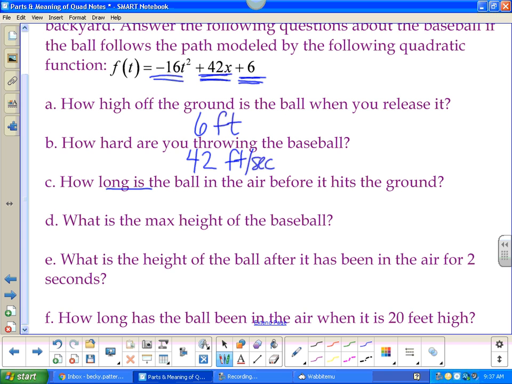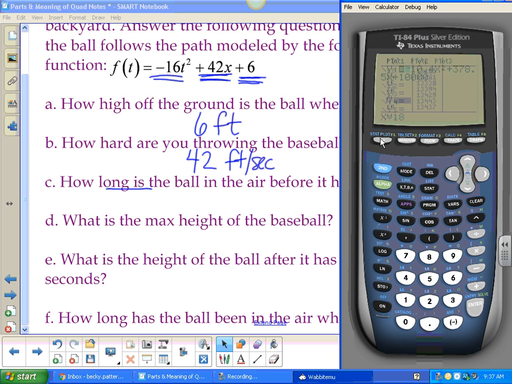How long is the ball in the air before it hits the ground? Okay, so for this, we go to our calculator, and we type this sucker in. And I go to my table, and see, we've already hit the ground by this point. So at 0, you can tell we're at 6, and then 1 second is 32 feet, and 2 seconds is 26 feet, and then at 3 seconds, it's already below ground.